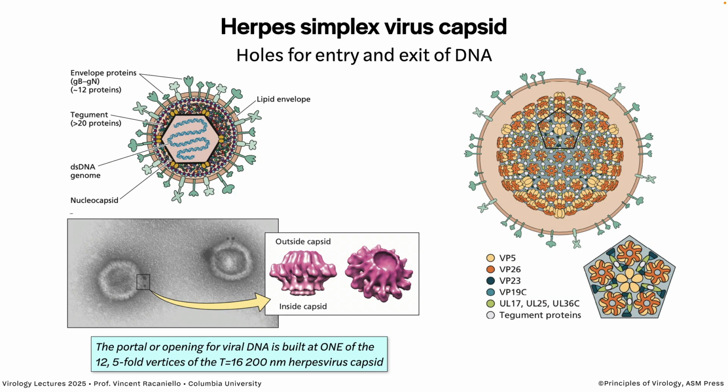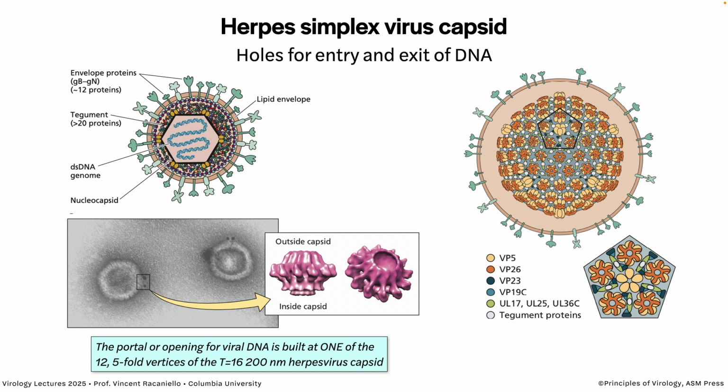Okay, and then we have herpes simplex virus, another one of these complicated capsids. So this one is a nucleocapsid within an envelope. This is the actual cryo-EM structure of the nucleocapsid on the right. And the cool thing about this nucleocapsid is that it has 12 five-fold axes of symmetry, right?